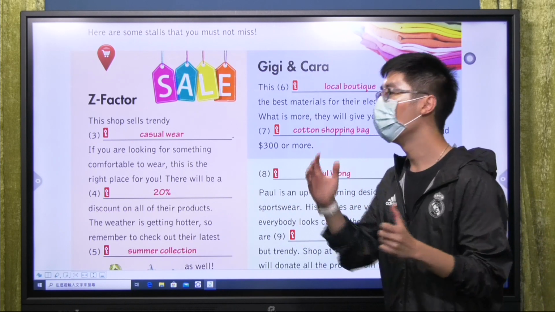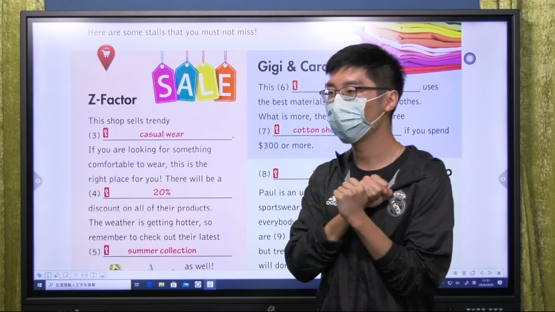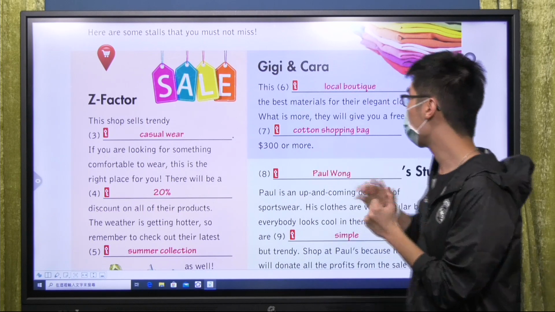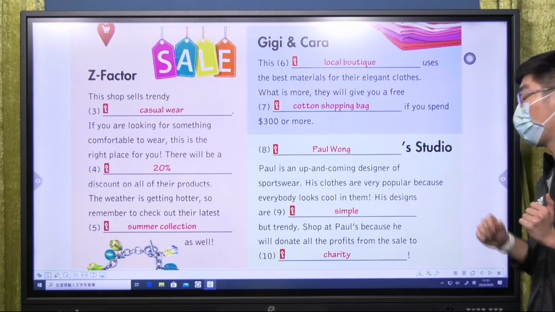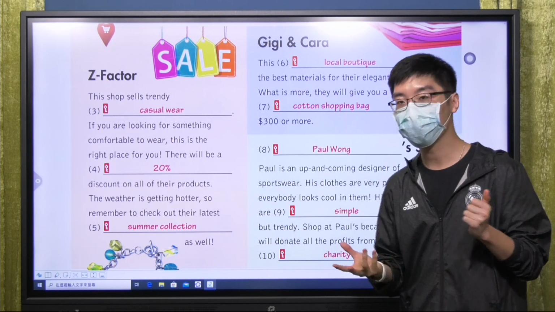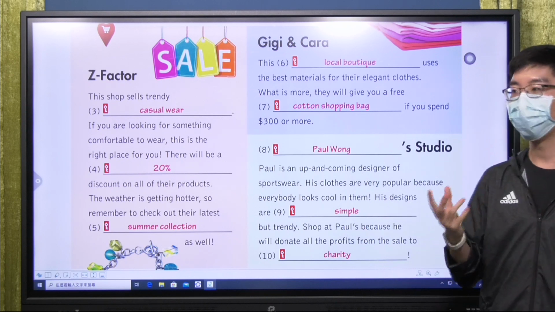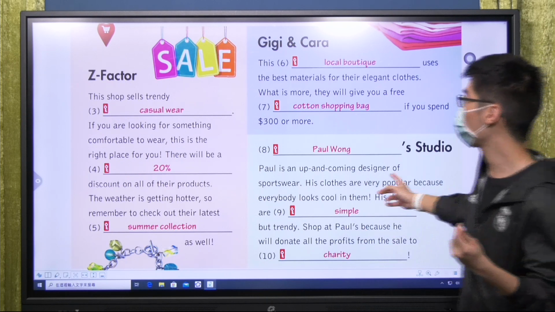And then you need to listen carefully to mark down your notes. As you can see, half of the answers come from the recording, so please listen carefully to the recording and you can get some marks.